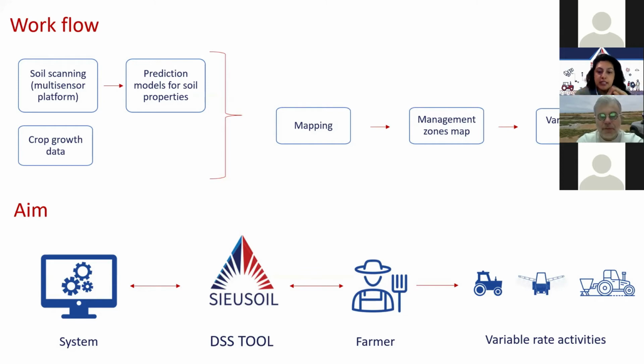Let's say, for example, fertilization, seeding, manure application, irrigation, and so on. So the DSS works as a tool where the farmer or the advisor has access to the information of the service provider, and also has a direct product that can be used in his own field management.